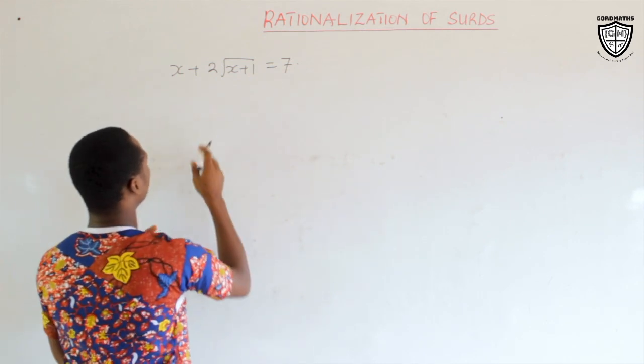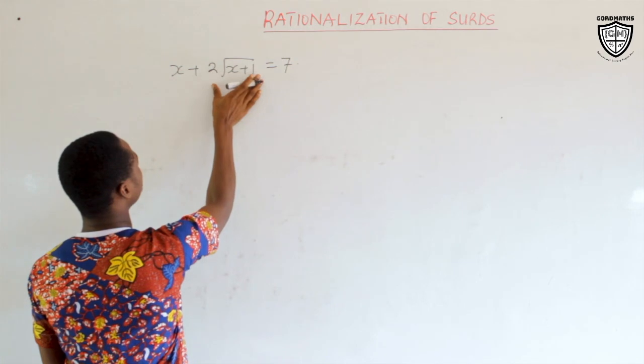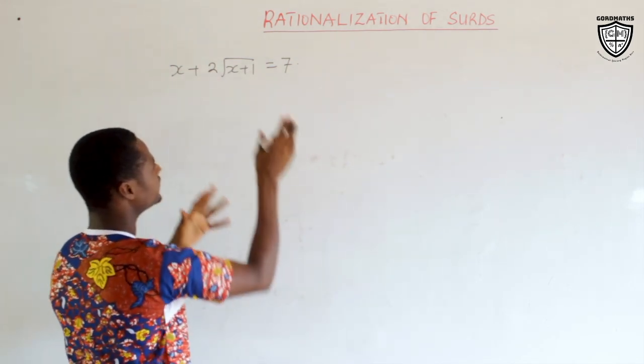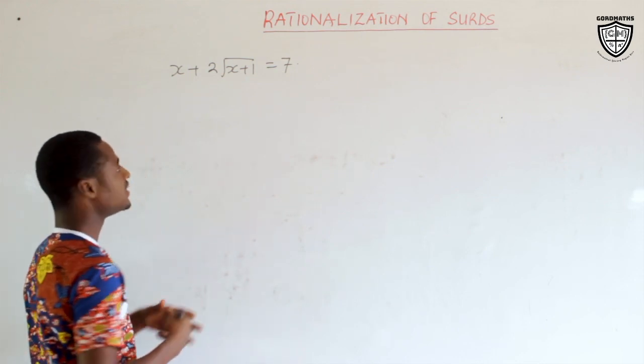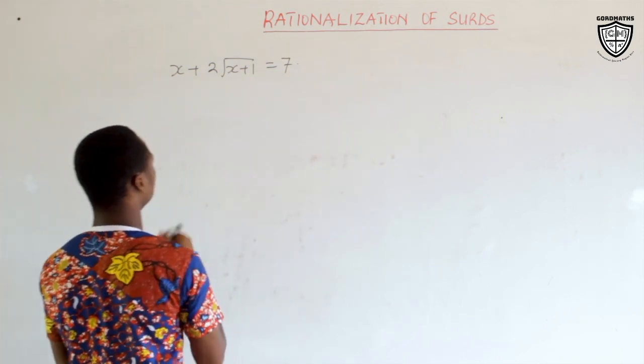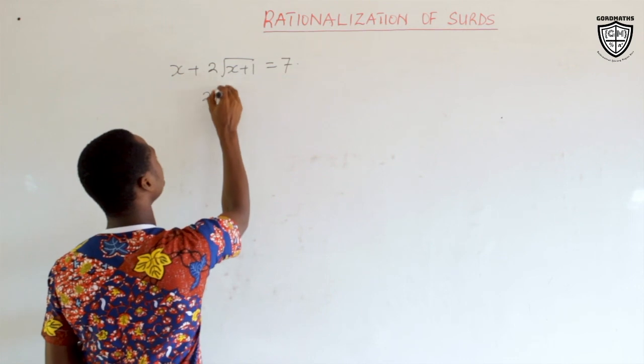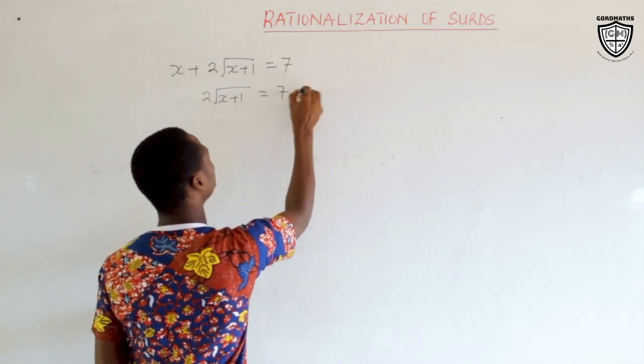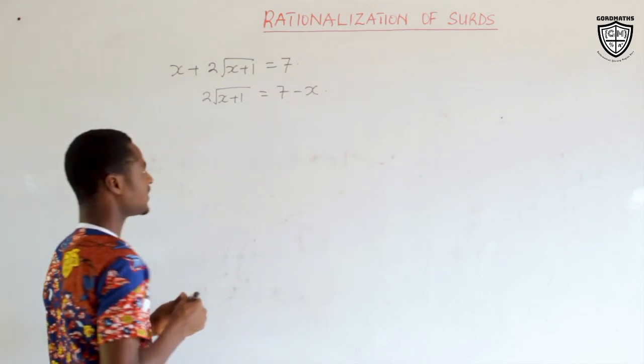First, we must make sure that only the surd is at one side of the equation, then the other variables move to the other side of the equation. So in rearranging this equation, we will have 2 square root of x plus 1 is equal to 7 minus x.